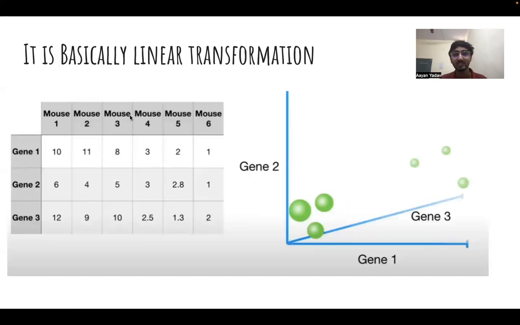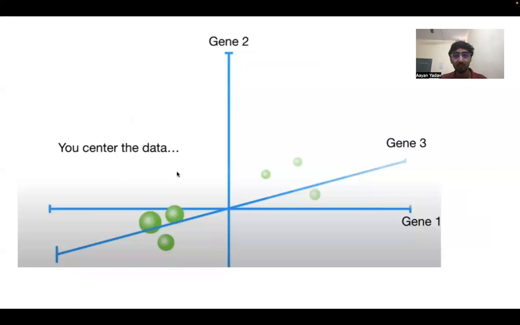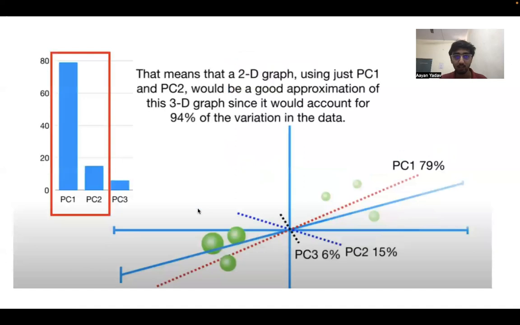So in class we centered the data, and then we calculated these axes PC1, PC2, and PC3. These are orthogonal axes called principal component 1, principal component 2, principal component 3. And the number beside each clearly shows how much variability of data it captures.